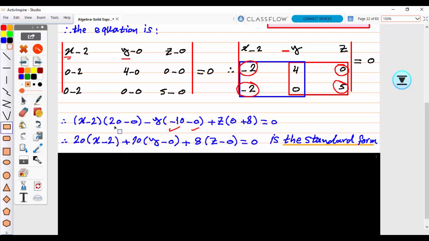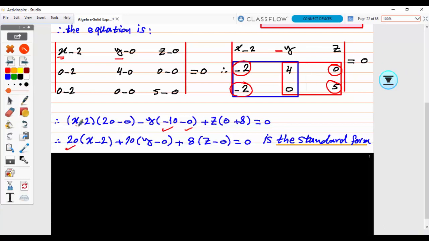We have 20 minus 0 equals 20, multiplied by x minus 2, minus, we have negative 10 minus 0 equals negative 10, multiplied by negative, it will be positive 10, multiplied by y minus 0, and 0 plus 8 equals 8, multiplied by z minus 0.